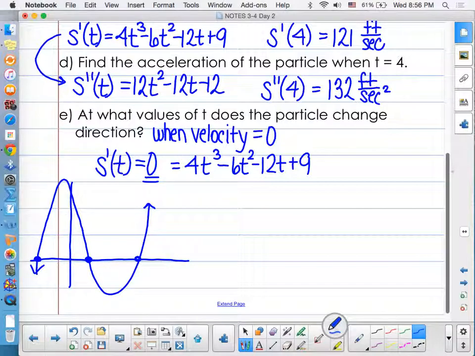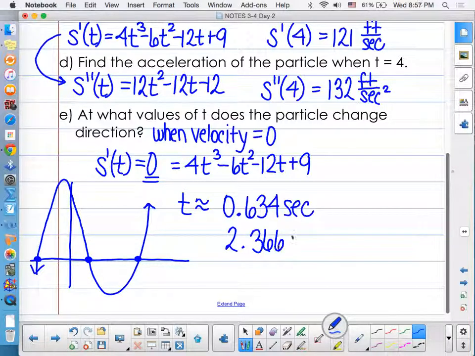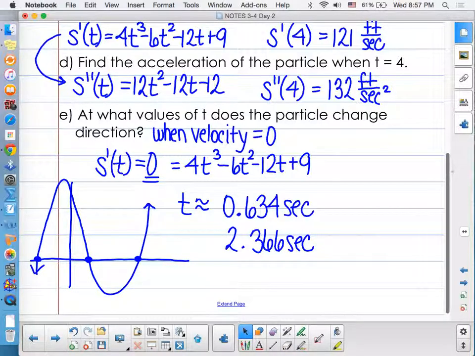So when you graph it, those are the 2 zeros that will be for t's greater than 0. And double check that you can get these. We're going to round to 3 decimal places because that's what we do in calc. 0.634 seconds and 2.366 seconds. Please make sure you can graph and get those to come up yourself so that you're not wondering how I did them when you get to homework.